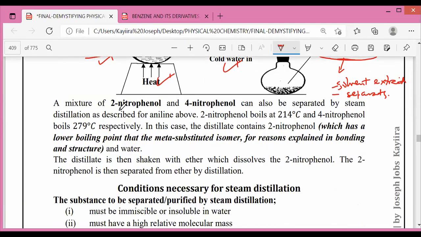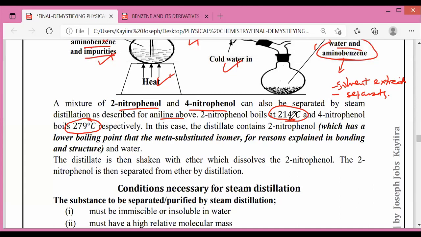So a mixture of 2-nitrophenol and 4-nitrophenol can also be separated by steam distillation, as we have described before for aminobenzene or aniline above. Why is that possible? 2-nitrophenol boils at 214 degrees Celsius, 4-nitrophenol boils at 279 degrees Celsius. So we get a mixture of 2-nitrophenol and 4-nitrophenol, and in that mixture, we are aware that 2-nitrophenol has a lower boiling point.